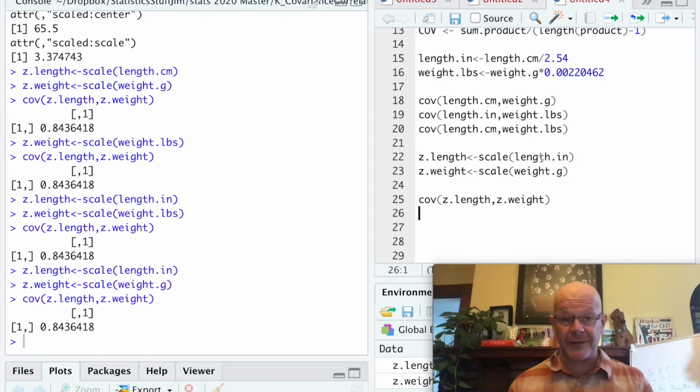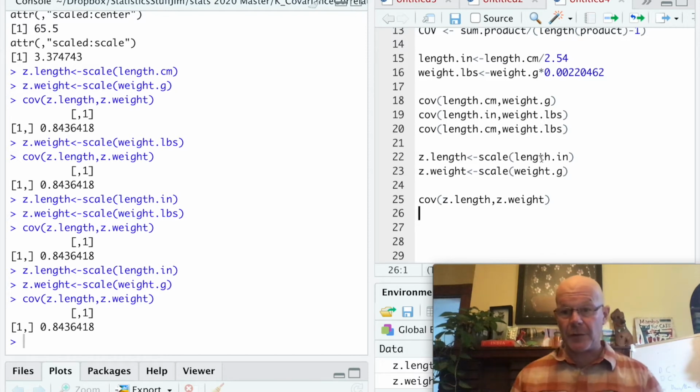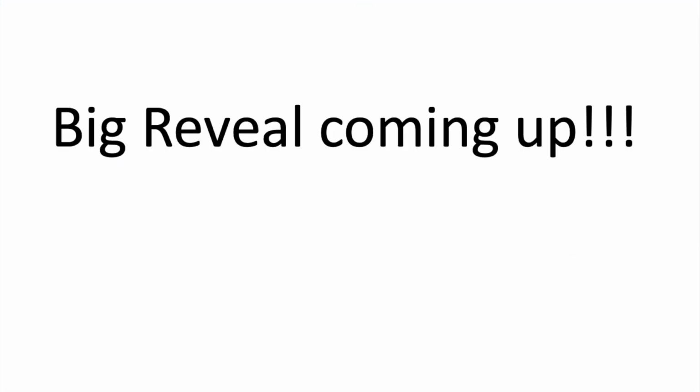They're all the exact same value, and that's because this is the standardized covariance. And once you have the standardized covariance, now it doesn't matter what units you're measuring things in, because you're going to put them all into units of standard deviations, and we know how to interpret units of standard deviations, and that's going to make us feel great. And so from here on out, we are always going to want to think about the standardized covariance.